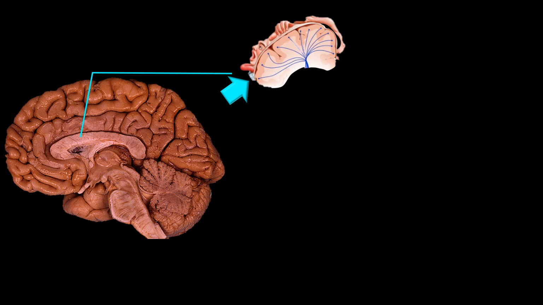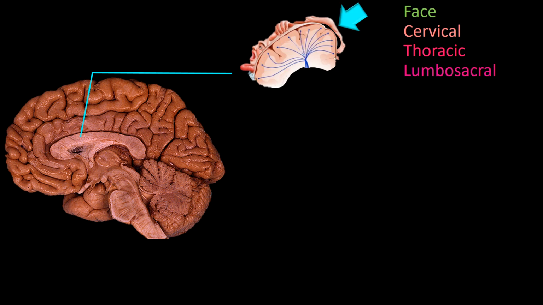We will see the representation of the muscles of the larynx. A little higher, we'll find the representation of the face. A little more superior, the cervical muscle representation, which includes the hand. More medially, we find the representation of the thorax, and mesially, the representation of the lumbosacral muscles.